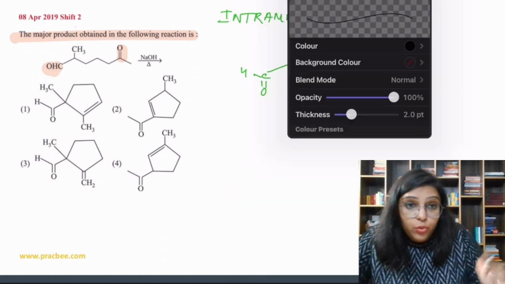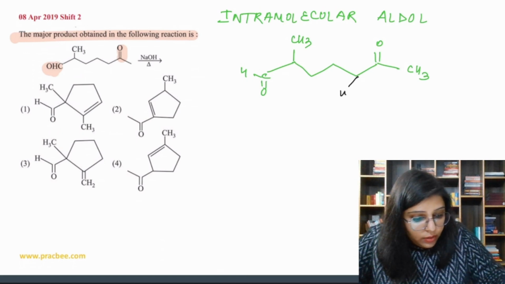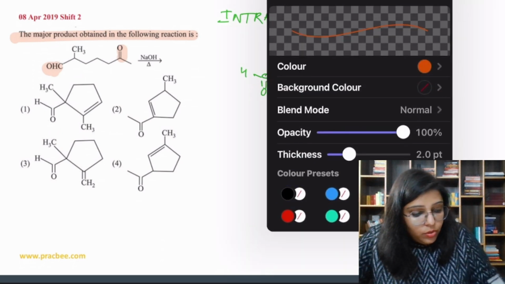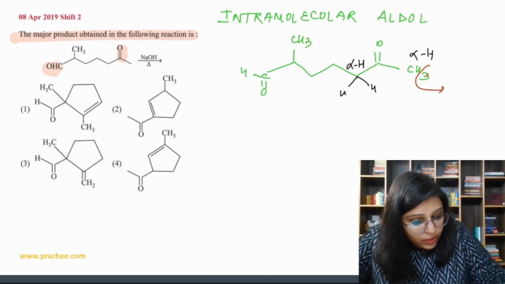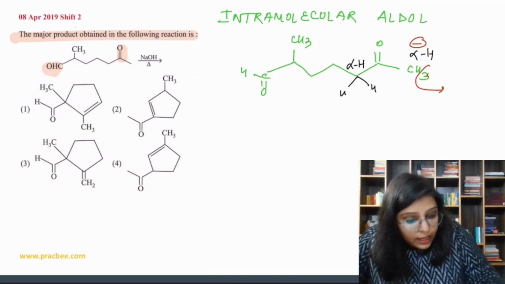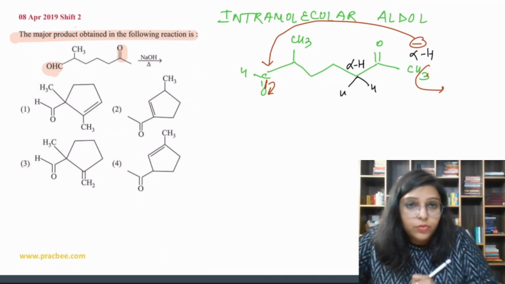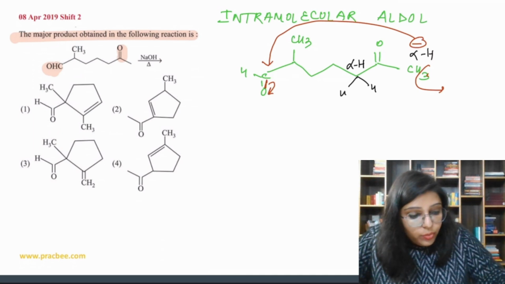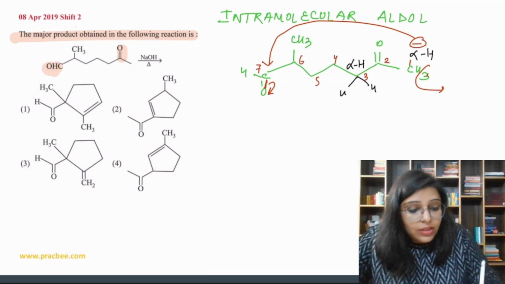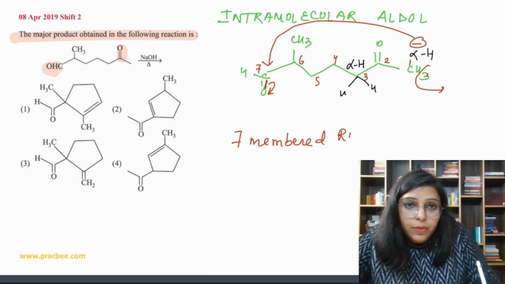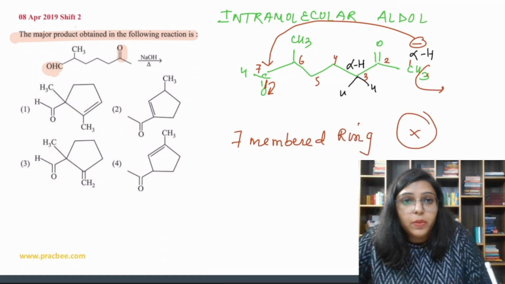So we have two alpha hydrogens. One is this alpha hydrogen and another is this. If I remove this hydrogen, we get CH2 minus over here, and this CH2 minus attacks this carbonyl carbon, and the electron of this one shifts over here. By doing so, we get 1, 2, 3, 4, 5, 6, 7, a 7 membered ring, which is not possible, right? So we cannot form a 7 membered ring.